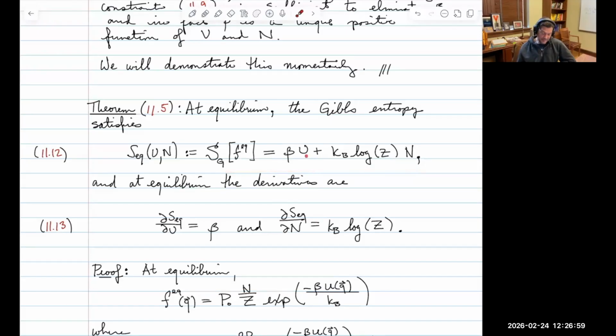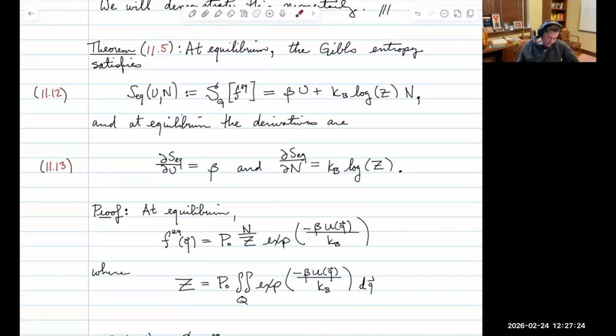This is something times the internal energy. So that is another indication this has got to be 1 over temperature. And then something times the number of particles. So this should be chemical potential divided by temperature.